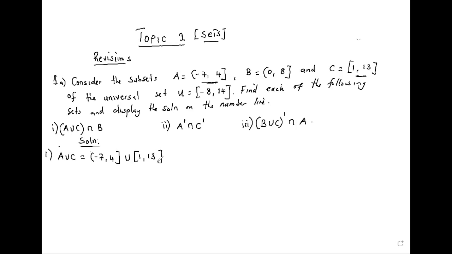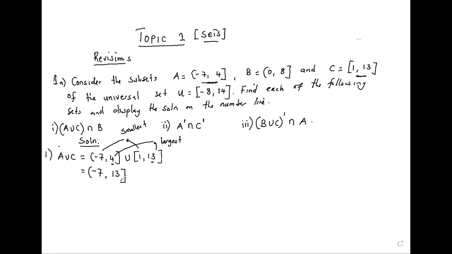When you are getting the union, the secret is here. My left numbers, -7 and 1, we get the smallest. So we get -7, comma, 4 and 15, we get the largest, 15.